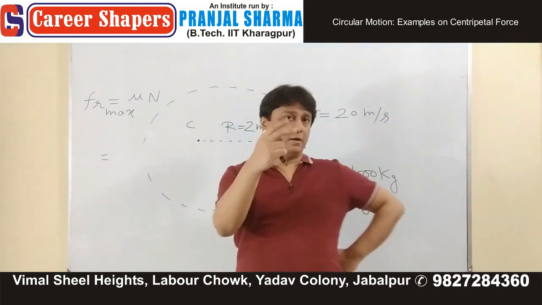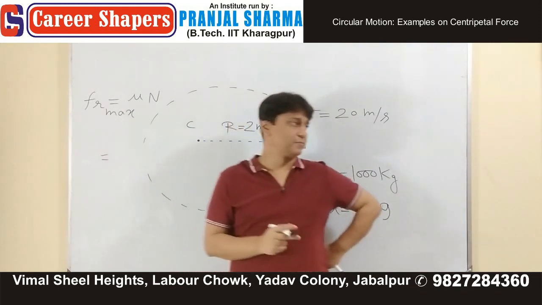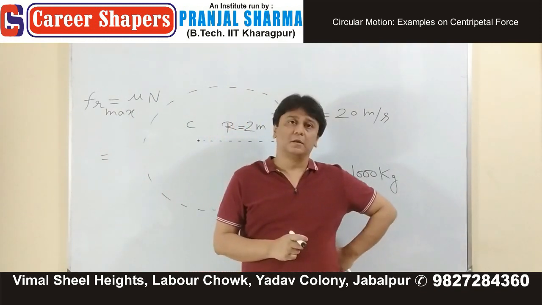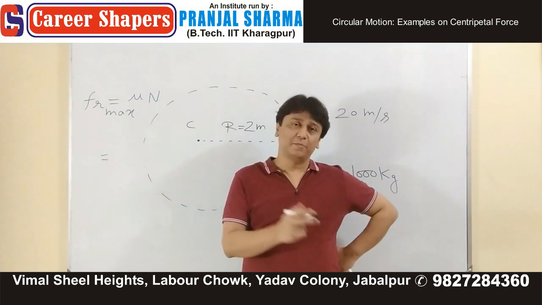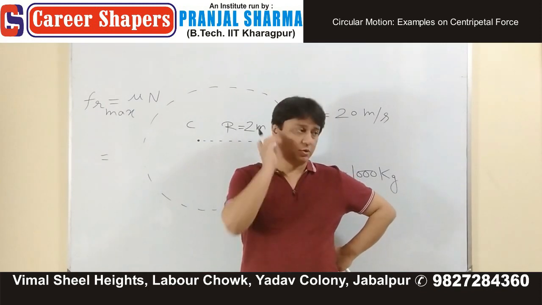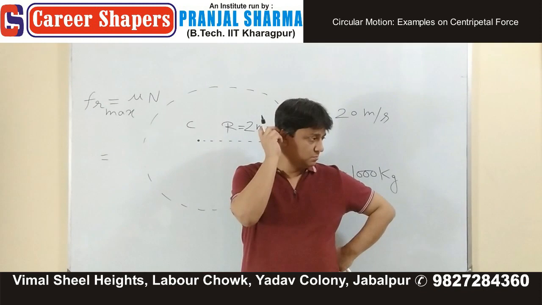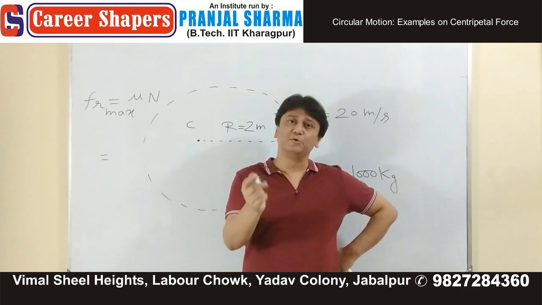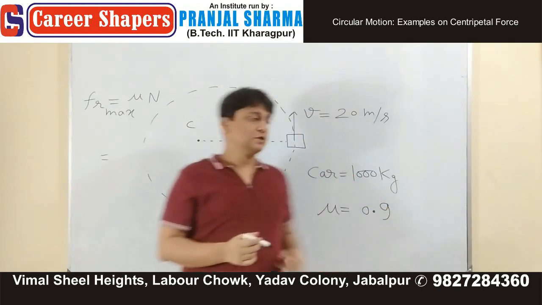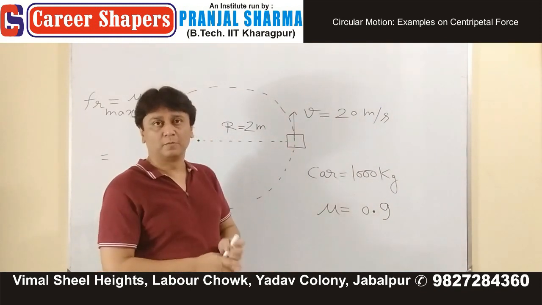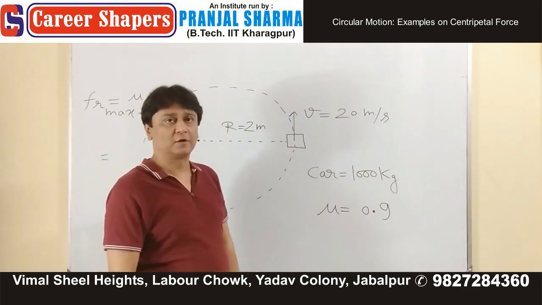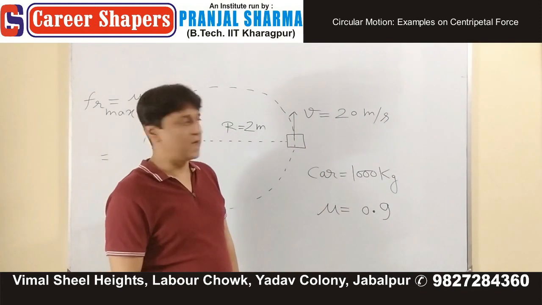By the way, let me ask you this, which is an interesting thing. अगर अपने को दो अलग अलग म्यू दे रखा होता, म्यू स्टैटिक म्यू काइनेटिक, since car is moving, which mu you should take, mu static or mu kinetic?